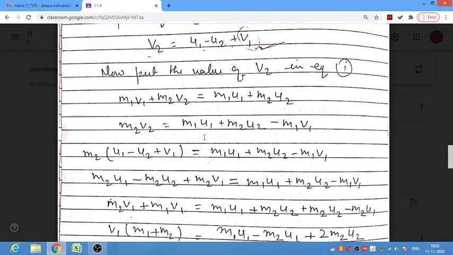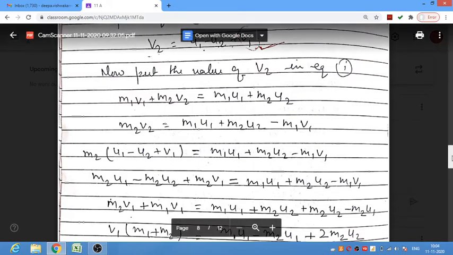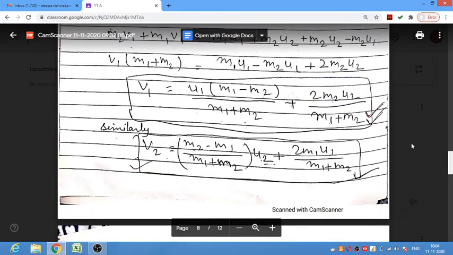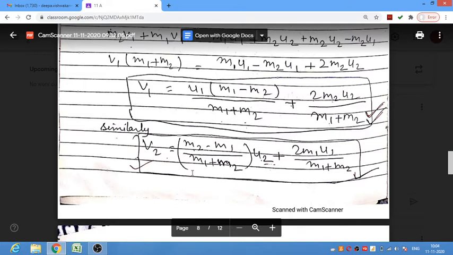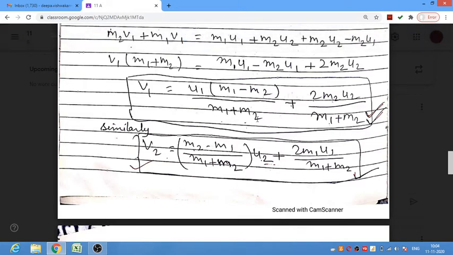After putting the value and solving this equation, we can find the velocity v1. Similarly, after putting the value of v1 in equation number 1, we can find the value of v2. So this is the final velocity of both the masses after the collision.